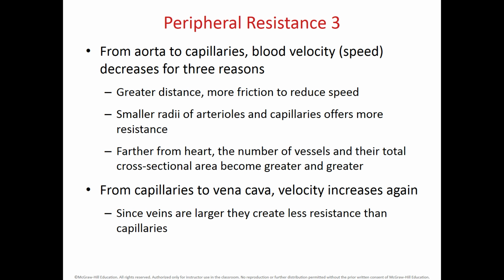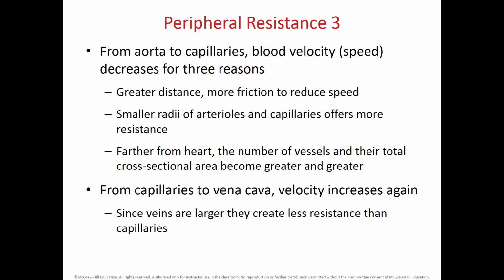And the arterioles have this greater resistance because they have a wall that has smooth muscle cells around. So these smooth muscle cells respond greatly to the sympathetic system.